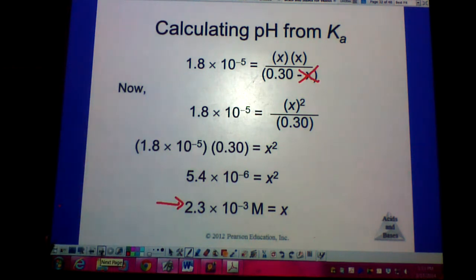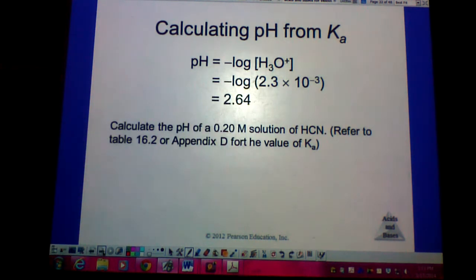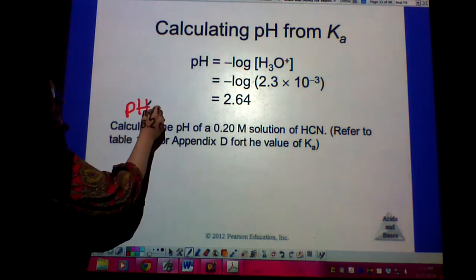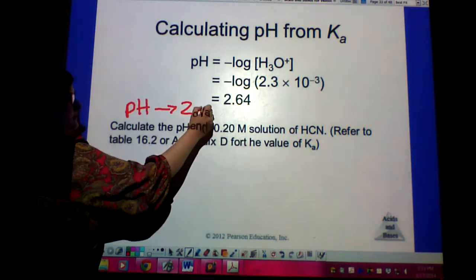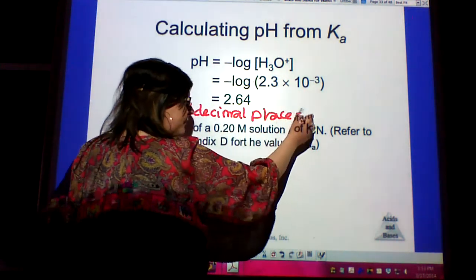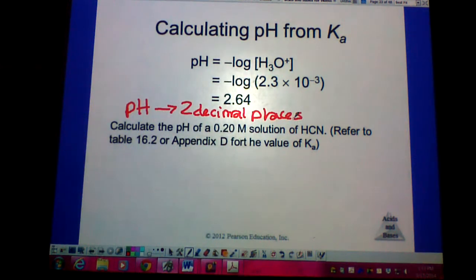To find pH, I take the negative log of 2.3 times 10 to the negative third, and I get a pH of 2.64. Remember that all pH values should always have 2 decimal places, regardless of significant figures. We always want pH, or pOH, to have 2 decimal places.